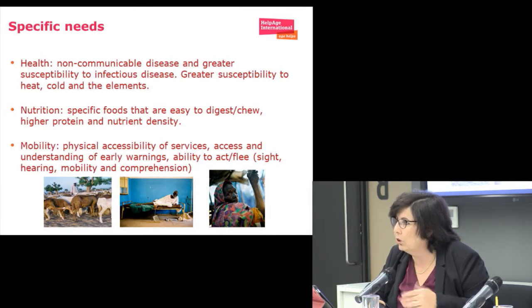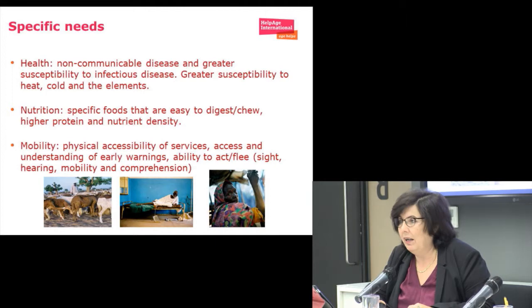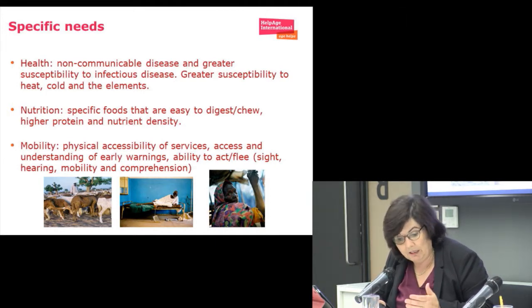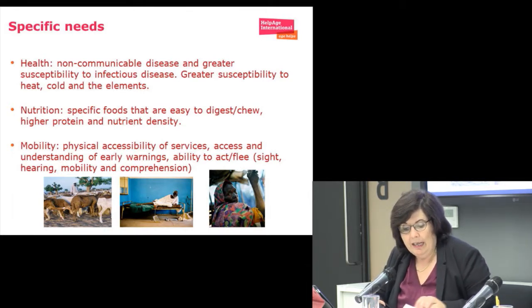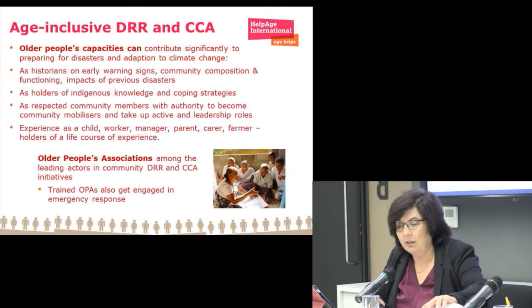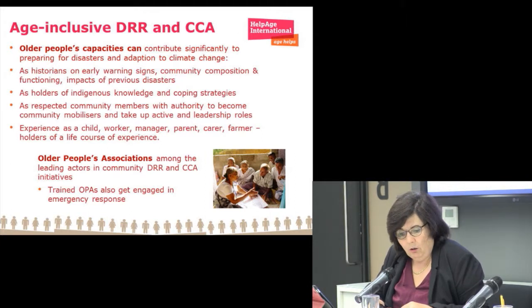For example, nutrition: a specific assessment of how you assess the nutritional situation of older people, the specific foods that you need to be prepared to have in your response, and of course mobility and the potential isolation, frailty, loss of hearing, and other aspects of old age, and how they can increase that vulnerability.